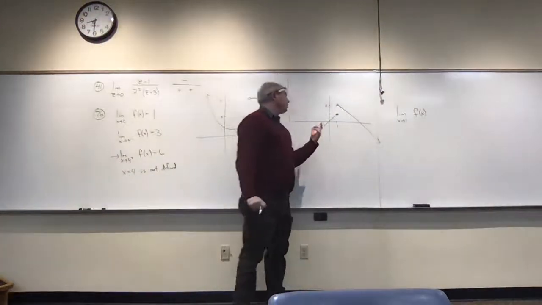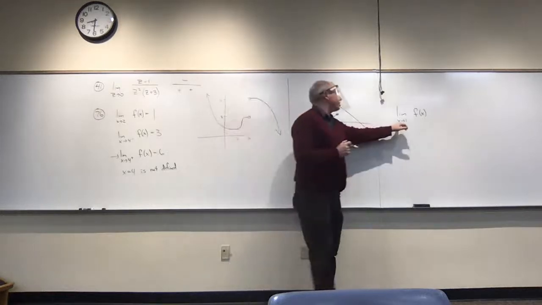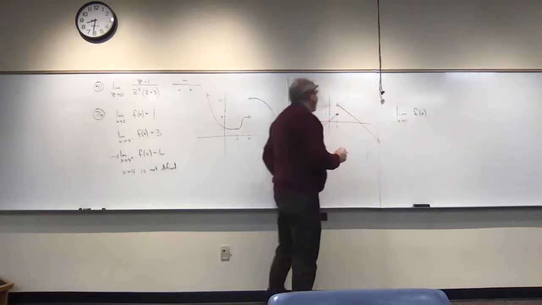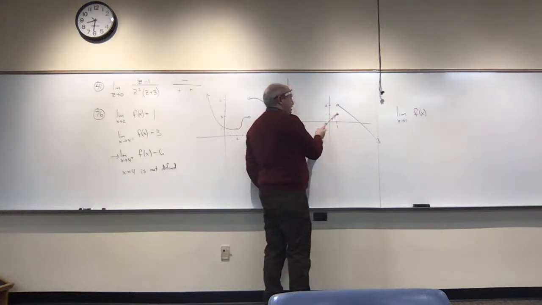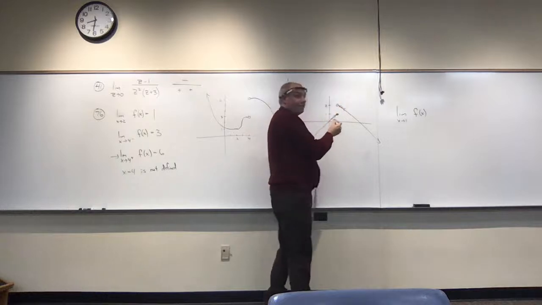So in this case, for the limit as x goes to 1 to exist, it has to have a limit as it comes in from the left. And this one does have a limit from the left, it's 1. It has a limit from the right. As it comes in from the right, it looks like it's going to hit 2.